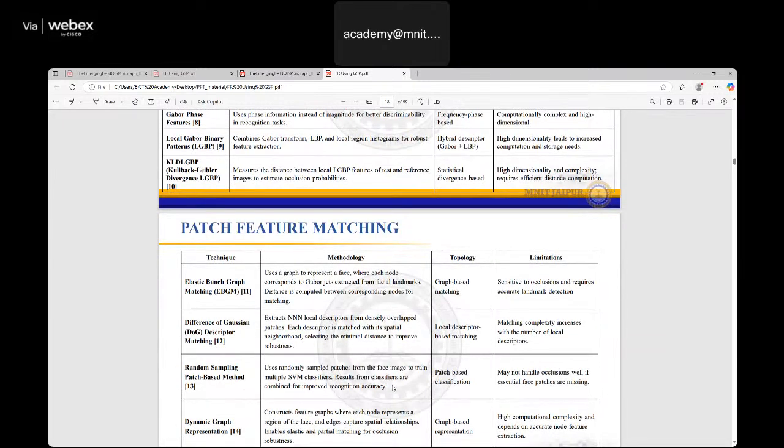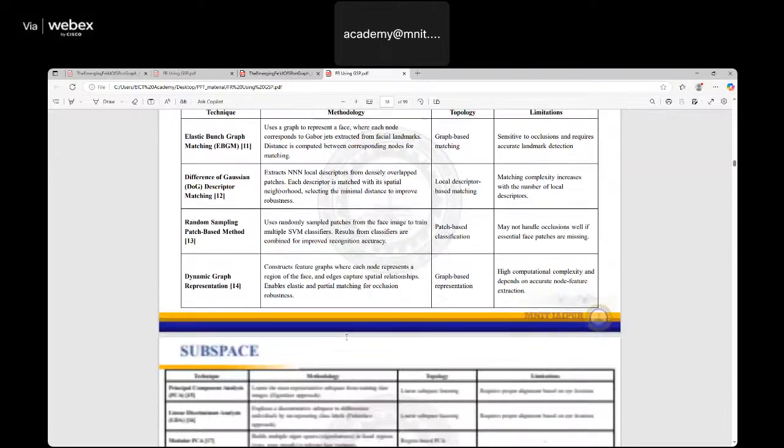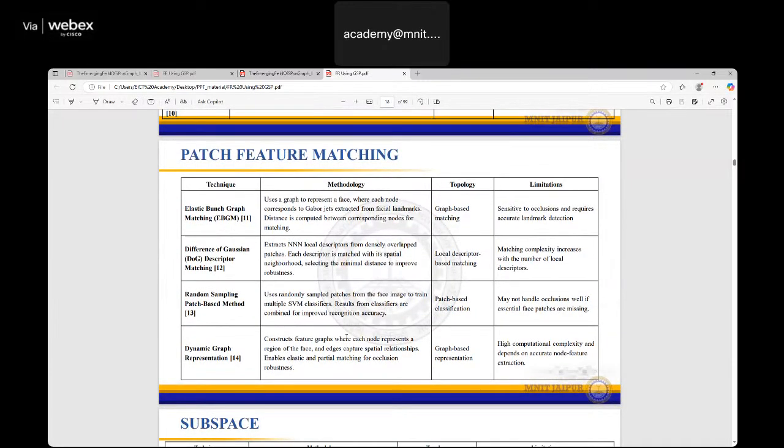Another method is patch feature matching, because instead of going by pixel, you take the patch. Different methodologies are there. Some is graph based matching, another is local descriptor based matching.